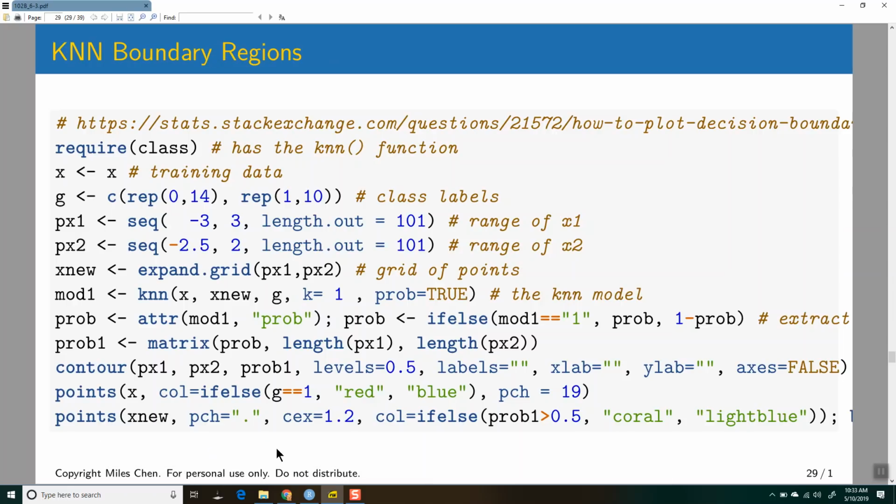Here's a whole bunch of code to draw KNN boundary regions. The 2 important pieces are that we're creating a model and drawing a contour line based on it. There's a package in R called class for classification, and the function that runs the KNN is called KNN.